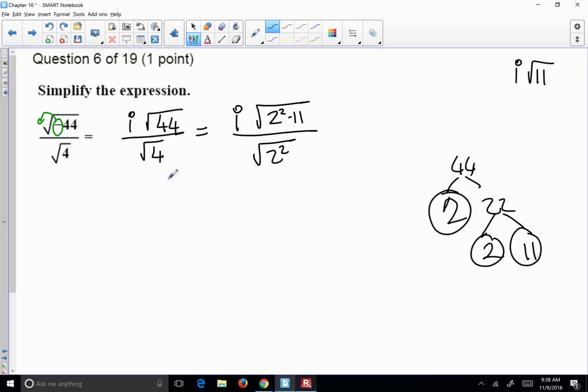Everybody knows square root 4 is 2, but I still do it in baby steps. 2 and 2 cancel. And same thing here, 2 and 2 cancel. So a 2 comes out, but 11 is still stuck. So it's i times 2 root 11 over 2. I cancel the 2's and get i root 11.